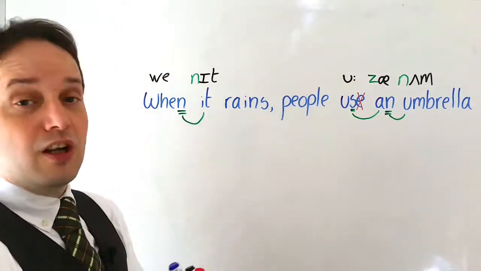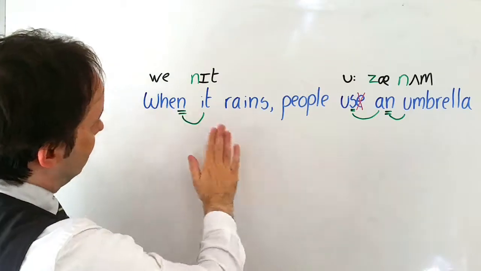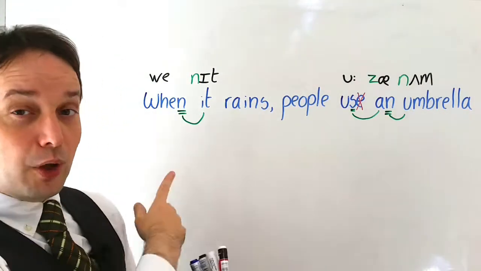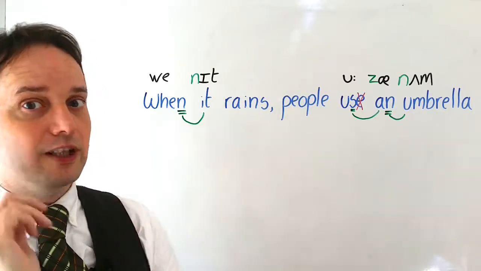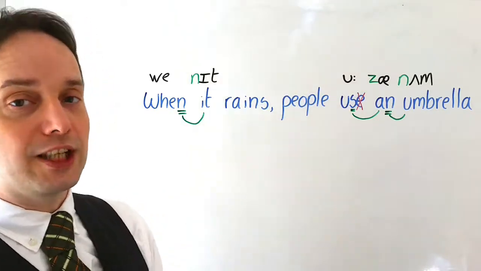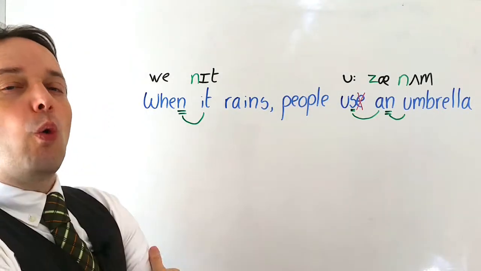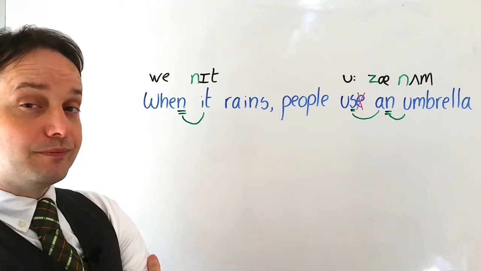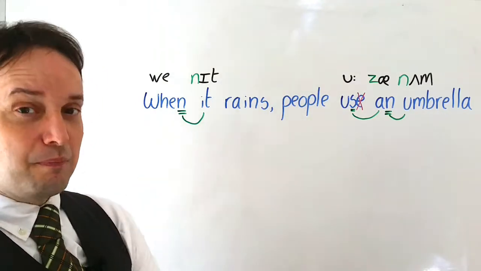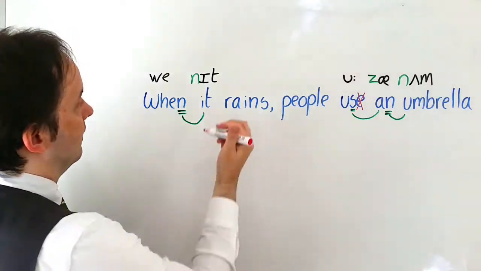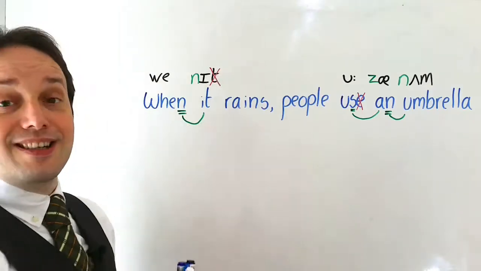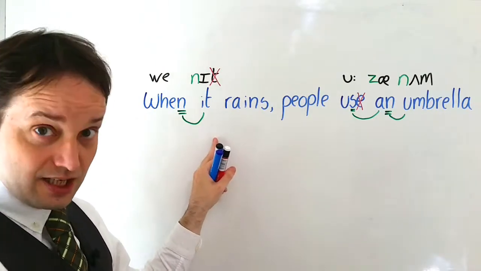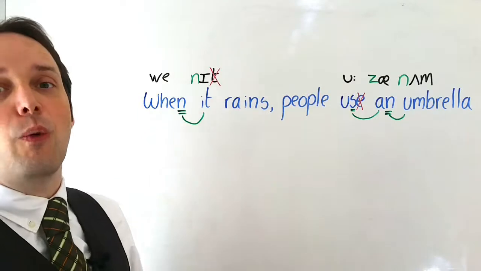Okay, so let's go back to the conditional clause. Again, I'm going to read it. I want you to listen very carefully and tell me, what do you notice? When it rains. I don't say the T. So we've got connected speech, good, when it, but then I don't say the T, when it.